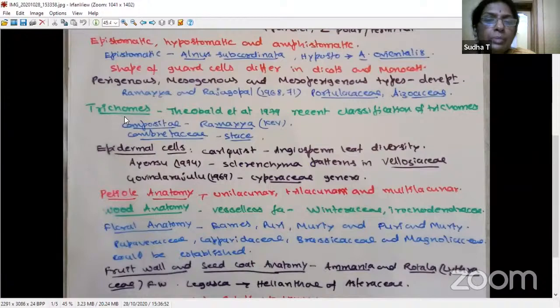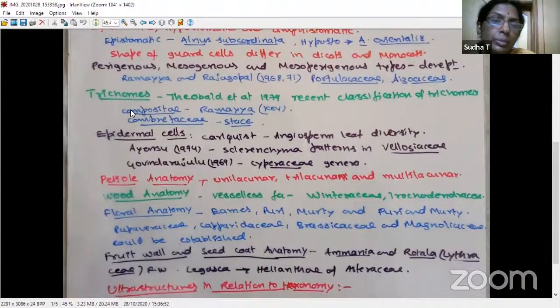Theobald et al. in 1979 used a classification of the trichomes, and as I just mentioned about Professor Ramaiah, he has given a key to the identification of the composite members based on the trichomes, and Stace has given one for the Combretaceae family. So they are very much helpful in the identification.